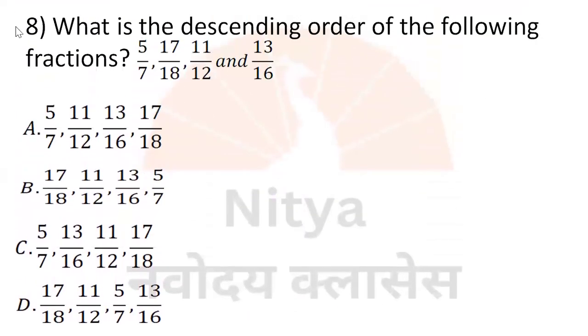Eighth one. What is the descending order of the following fractions? So here we have to find the descending order of the fractions. See, these are unlike fractions, because the denominators are different. The easiest way to find the descending order of these fractions is to just convert these fractions into decimal numbers.